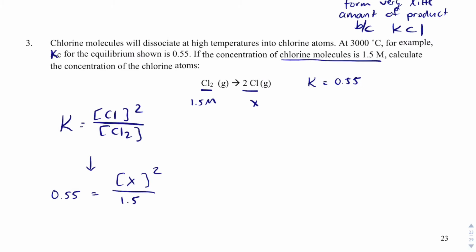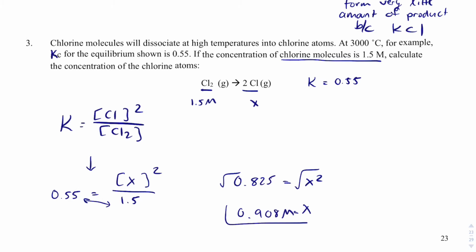I'm going to multiply each side by 1.5, and I get 0.825 equals X squared. I'm going to take the square root, and X is 0.908 molar. Okay, so the concentration of Cl is 0.908.